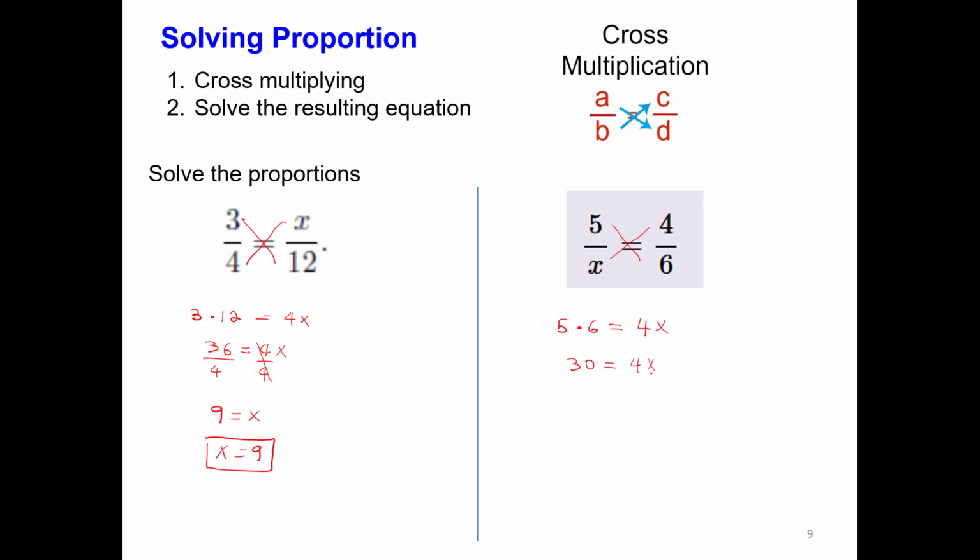We divide by 4 on both sides and 4 divided by 4 cancels out. And now if it's possible, we can reduce. We can divide by 2, which gives 15. And x equals 15 over 2.